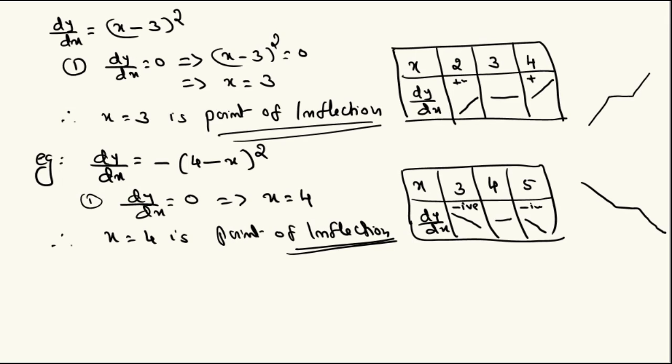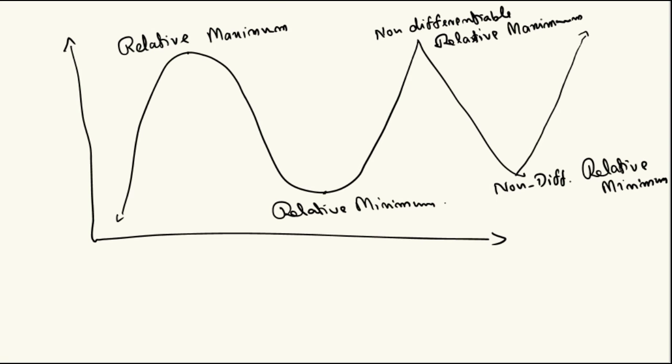Now we will see one more example. We have already seen a case that is non-differentiable, but still we are getting a relative minimum. So we will take the example f of x equal to 3 plus absolute value of x, where x belongs to R. We know that absolute value of x is not differentiable.